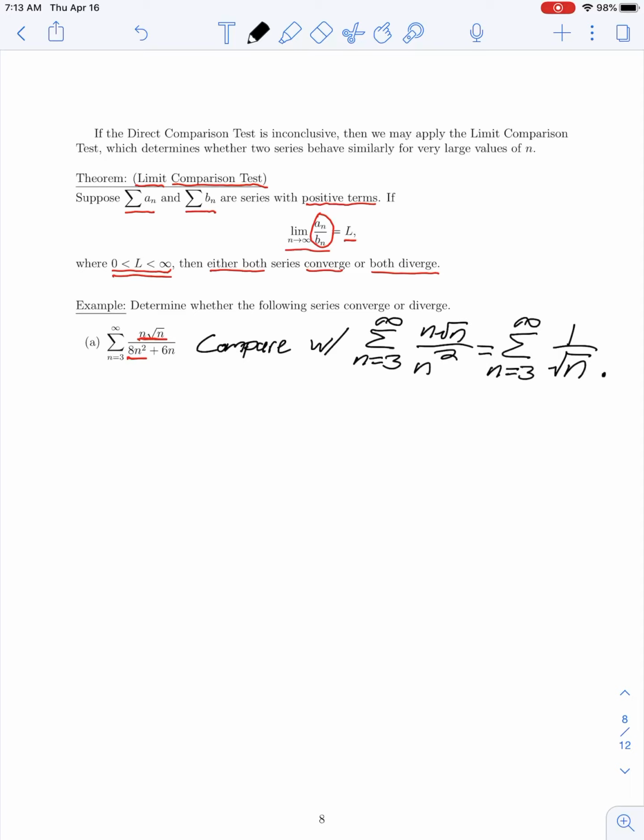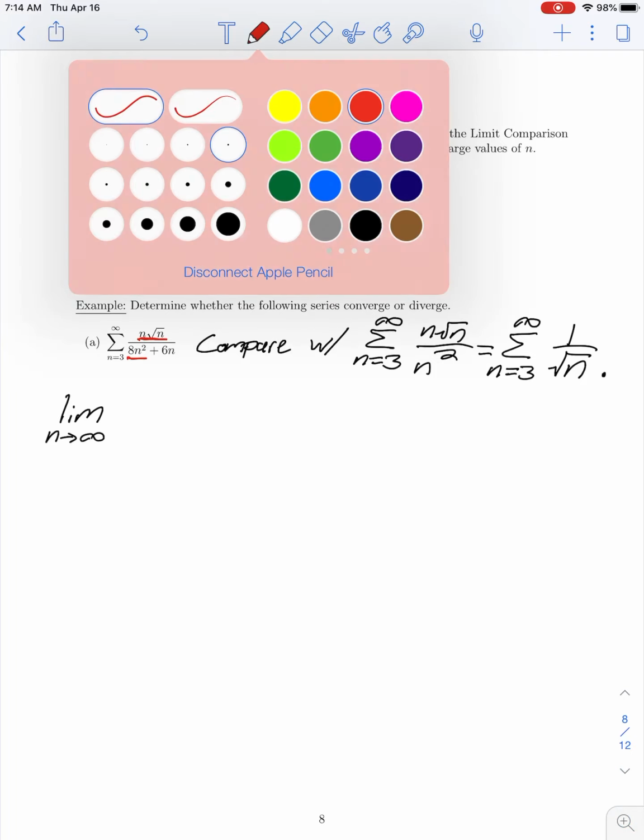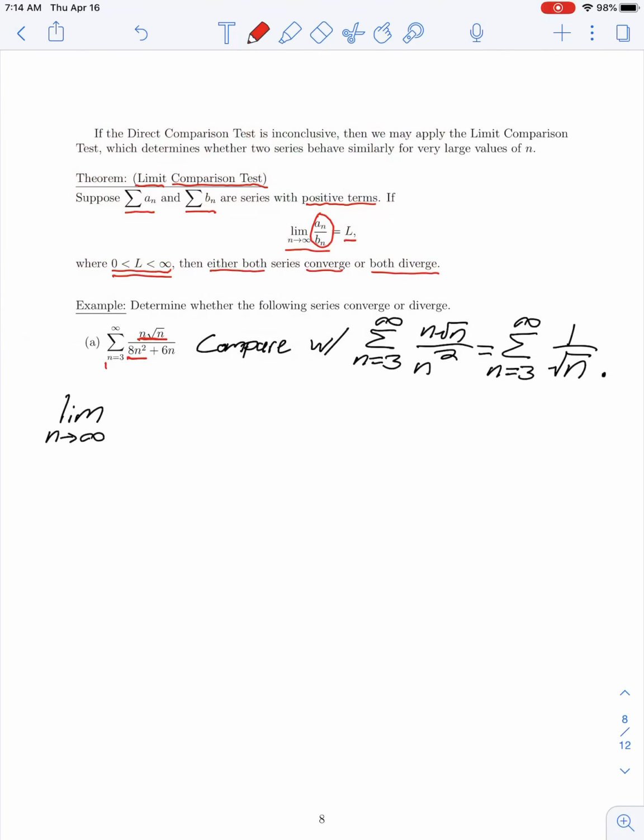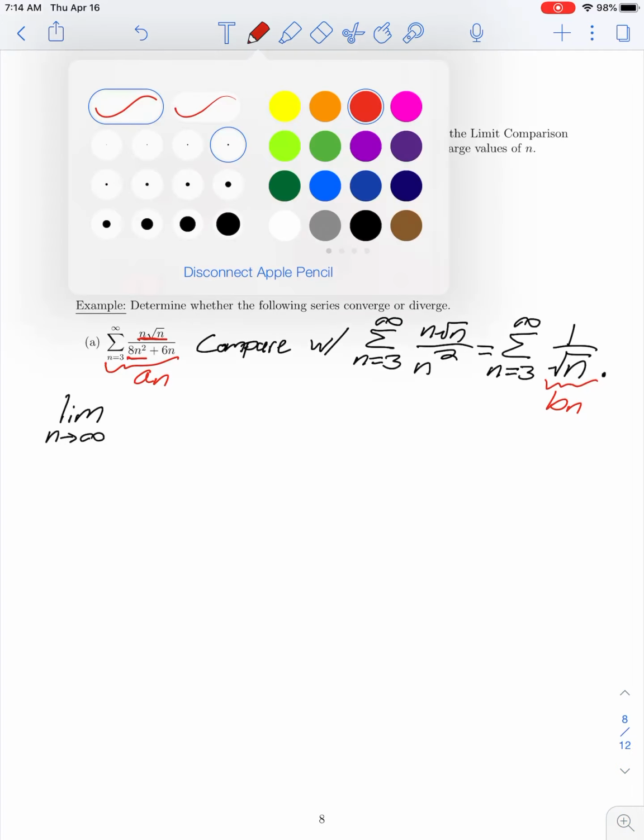So to use this limit comparison test, I'm supposed to take the limit as n approaches infinity of the ratio of the terms of my series. So here, to make the notation a little bit easier, let's call this first term a sub n, and the term for the series I'm comparing with b sub n.